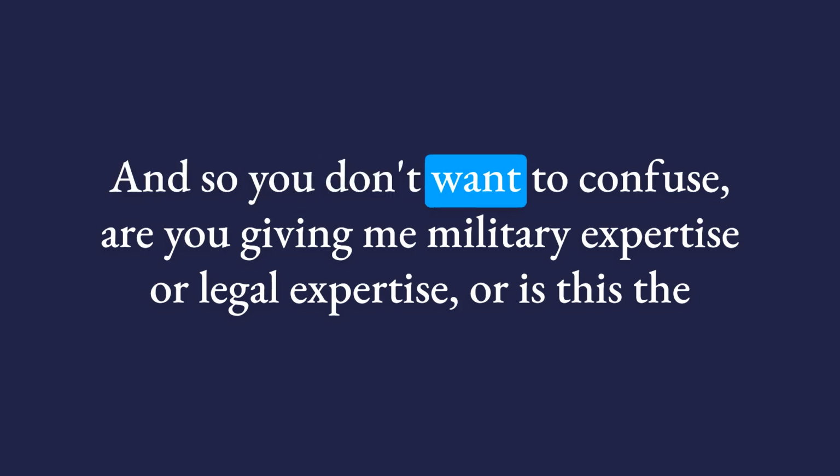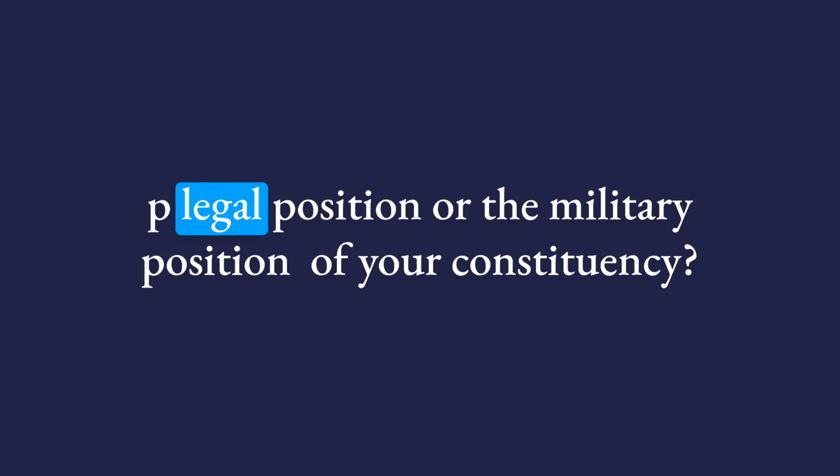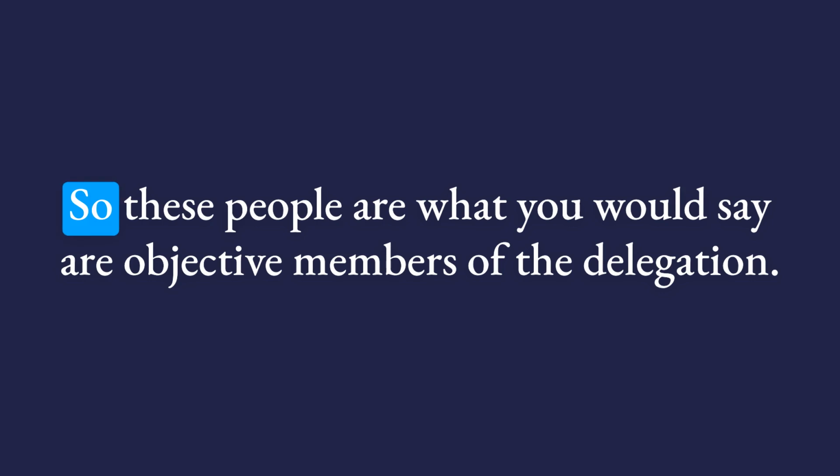And so you don't want to confuse, well, are you giving me military expertise or legal expertise, or is this the legal position or the military position of your constituency? So these people are what you would say are objective members of the delegation.